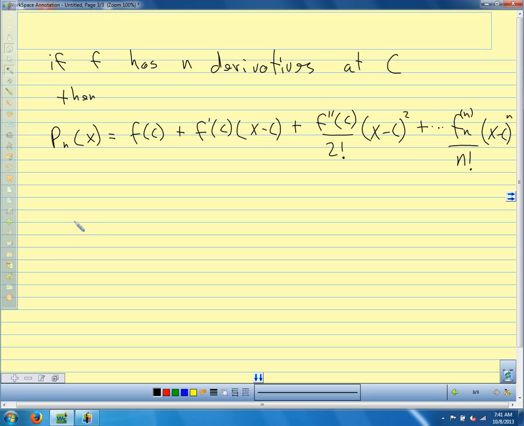And we call this the nth Taylor polynomial for f at c, expanded about c, centered at c, something like that.